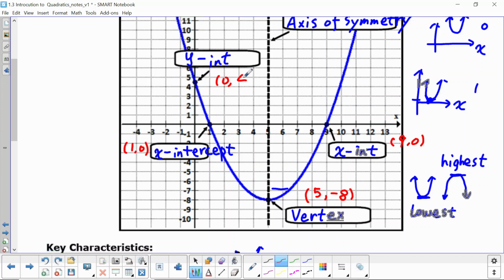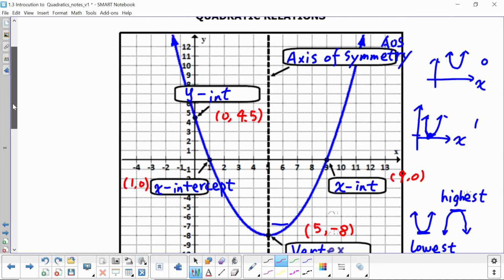We could just estimate approximately 4.5 or 4.3, 4.4, any of them correct.